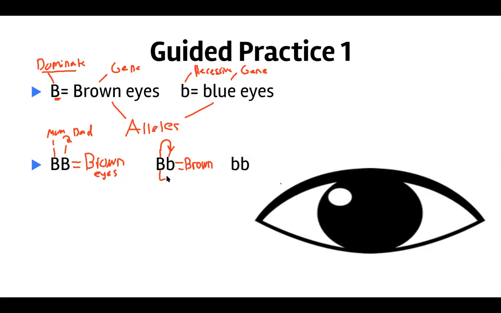The brown eye will cover the blue and the person will be born with brown eyes. Now, this person over here has two recessive alleles, right? So if lowercase b codes for blue eyes, this organism will be born with blue eyes. That's what we learned yesterday.